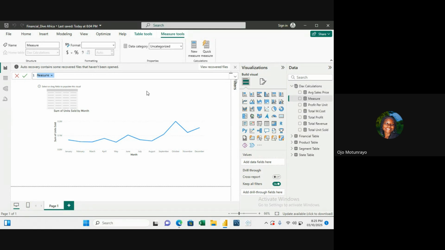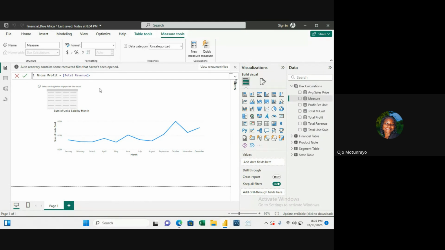Alright, let's look at it like this. Gross profit. Let's calculate our gross profit. That is total sales. I think this is what we did the other time. And checking it on our report view, it still gave us the profit, right?